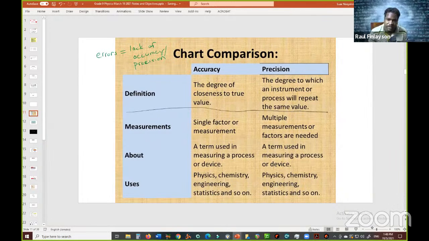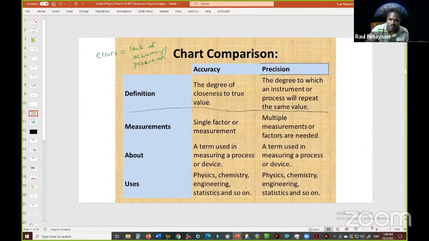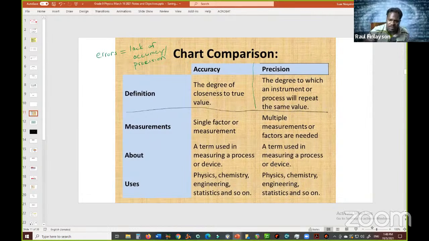Accuracy has a definition that is different from precision. So the objective for today is to be able to tell the difference between accuracy and precision. The degree of closeness to a true value is accuracy. And precision is the degree to which an instrument or process will repeat the same value.